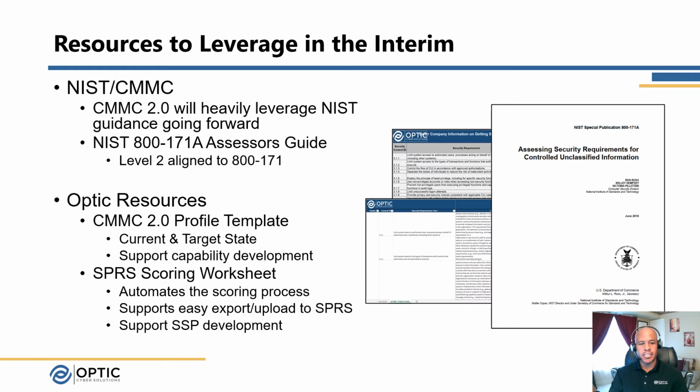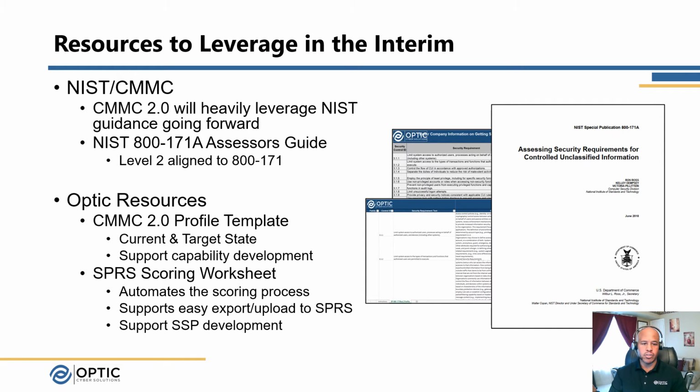As OSCs continue to prepare for version 2.0, we have some resources that can be leveraged. As we mentioned, the scoping guidance has been released, and so has the model itself, but we still haven't gotten the assessment guidance. One thing we do know is that CMMC version 2 going forward will heavily leverage NIST guidance.